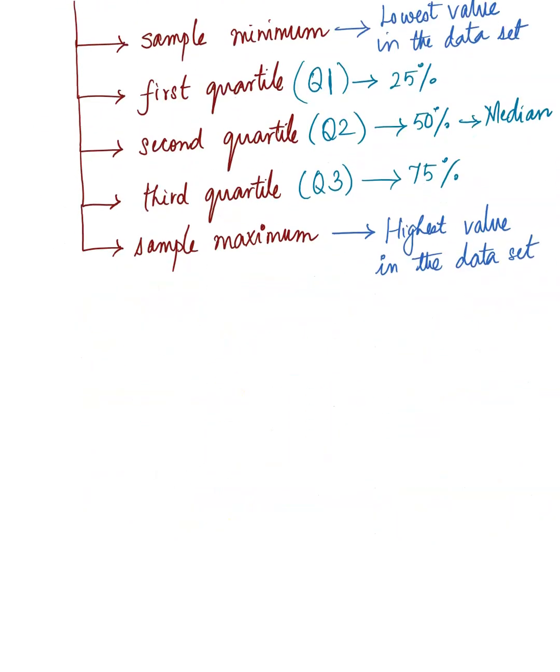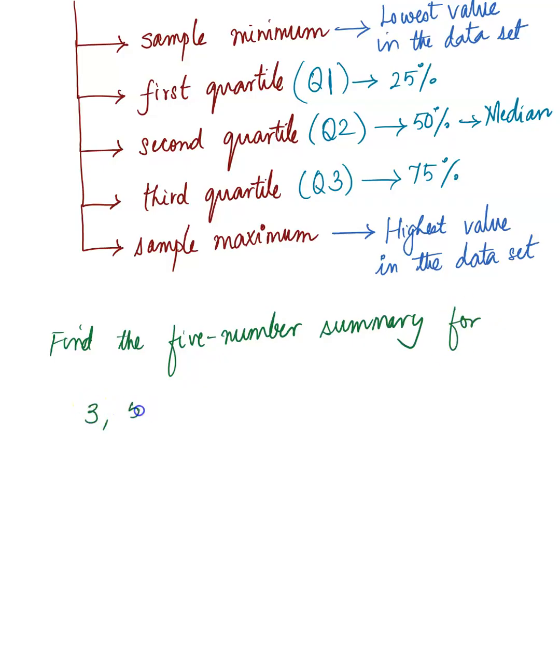We'll write the problem this time. Find the 5-number summary for the data: 3, 5, 7, 9, 11, 12, 14, 16, and 19.